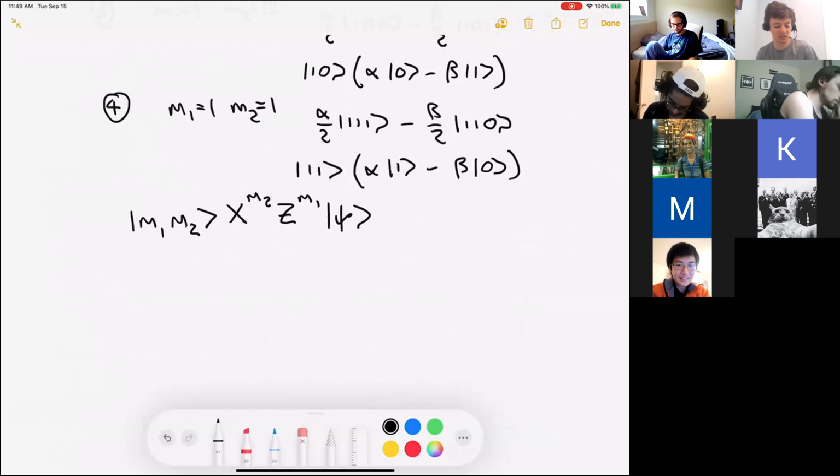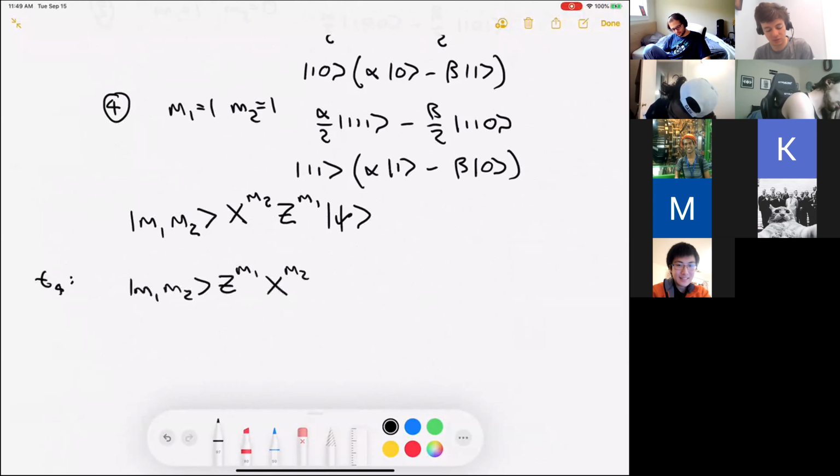So the final state at T4 is M1, M2, Z to the M1, X to the M2, X to the M2, Z to the M1 on psi. Anyone tell me a simpler way to write that down?